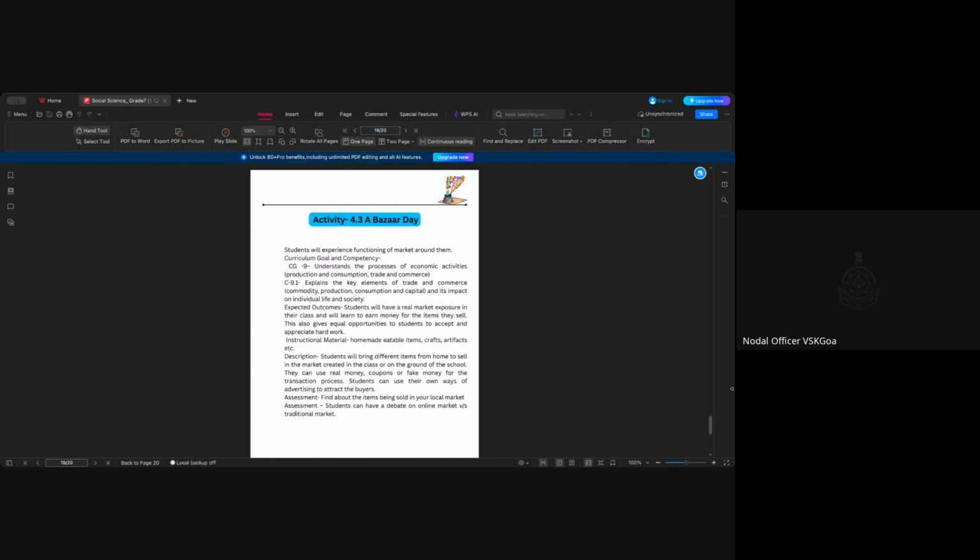You can choose the one that caters best to the needs of your children. One thing I want to make clear is that these activities are designed as per the textbook of social science grade 7. So depending upon the lessons, we have designed these activities. If you have some more activities, you are welcome to conduct them in your classroom.